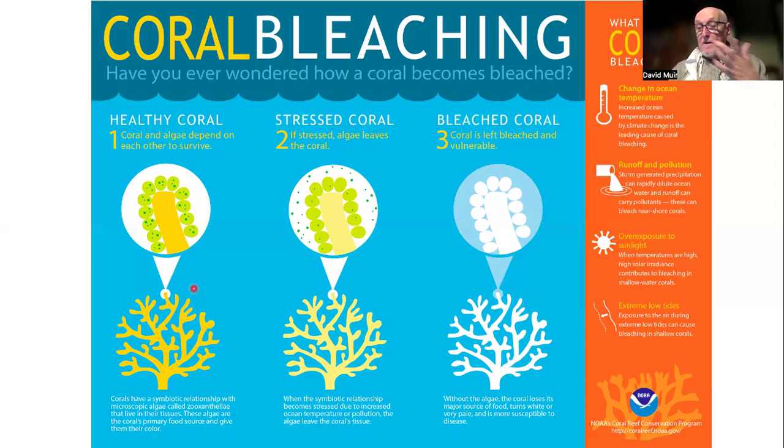The presence of these zooxanthellae is what gives corals their color. Usually corals are brown. There may be different colors, but usually the zooxanthellae contribute a fundamental golden, brown, green kind of color to them.